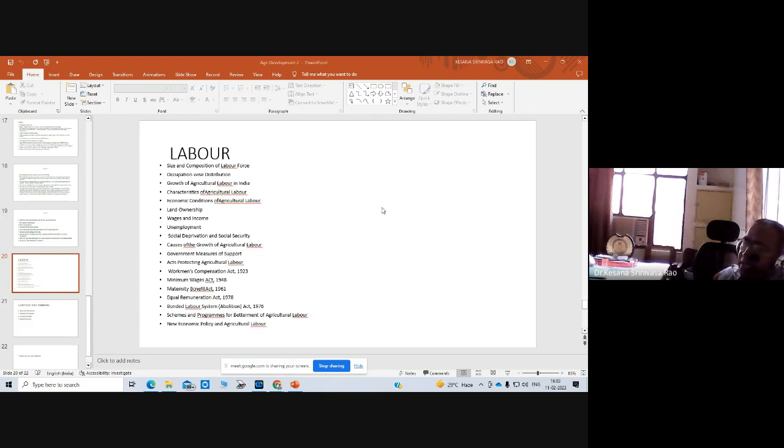When the labor component participates, all these inputs can be useful for production or productivity, whatever way you want to derive the output from the available natural resources like land, water, and biodiversity.